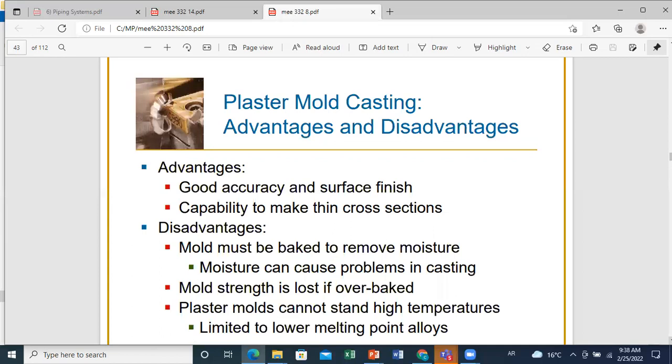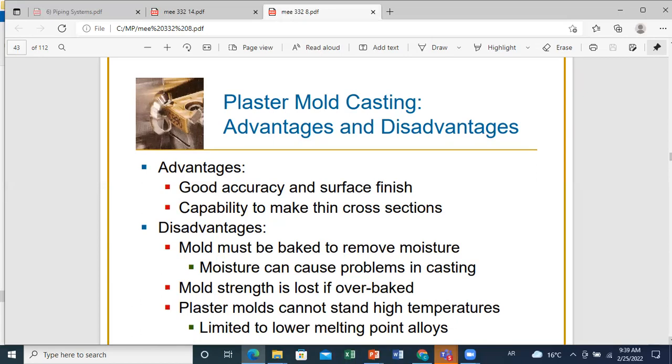So if we compare plaster mold casting to sand casting, it offers better accuracy and surface finish, and it's capable of making thin cross sections. However, the disadvantages are that the mold must be baked to remove moisture, and moisture can cause problems in the casting. In addition, mold strength is lost if overbaked.